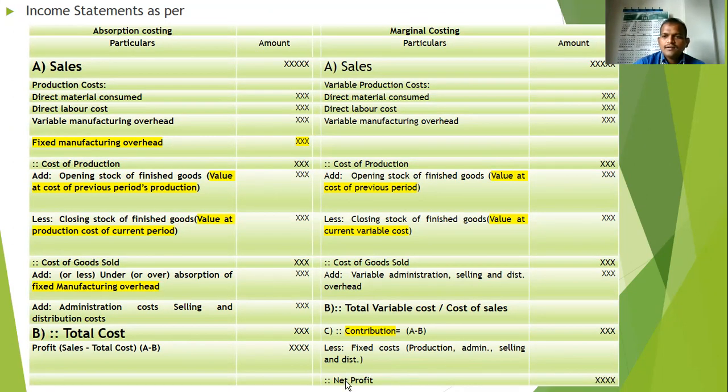Finally, net profit will be determined. So sales minus total cost is equal to profit in absorption costing. But here, sales minus variable cost is equal to contribution. Contribution minus fixed cost is equal to net profit. So this is the difference between absorption costing and marginal costing.